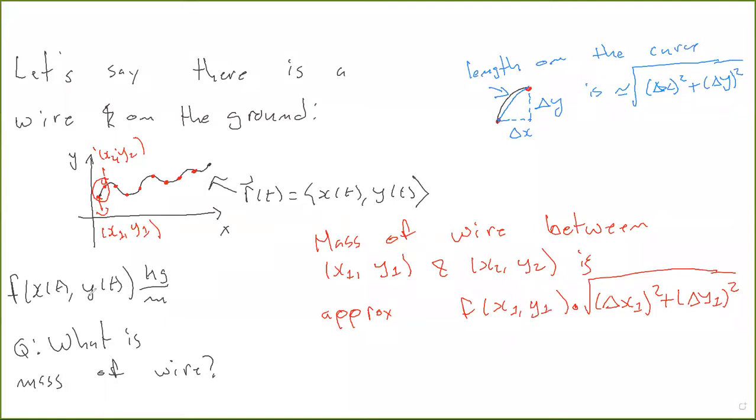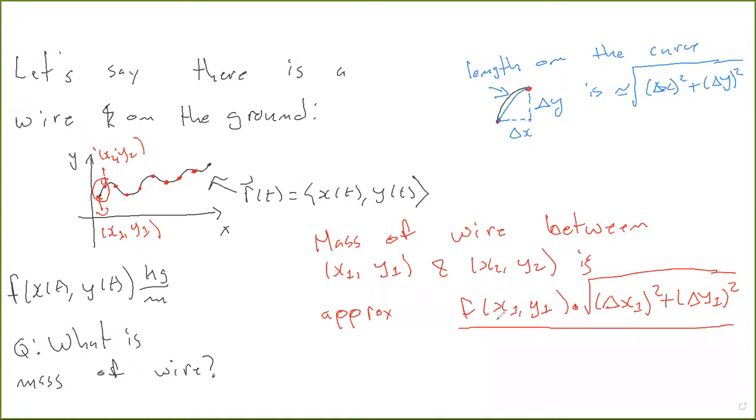So we're treating f as being constant on this part of the wire from x1, y1 to x2, y2, and we're treating the length as basically being the length of this hypotenuse right here. So then the mass of that wire is just the constant mass density times the length of the wire.